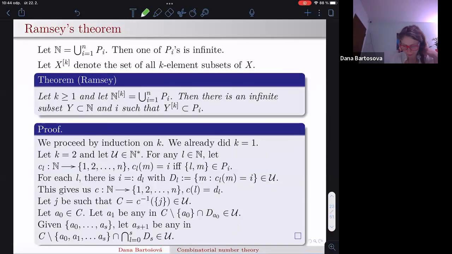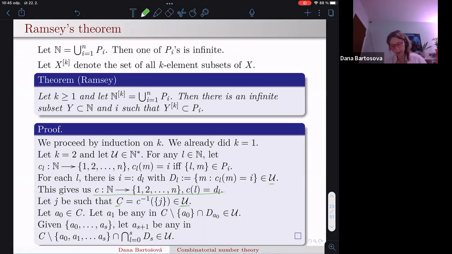So we get this coloring C, where I'm going to choose the color to be the color that the second coordinates for L we're choosing on a set in the ultrafilter U. So now I am going to choose a set from the ultrafilter with respect to this coloring. Okay, so again, the pre-images of the colors of this new coloring cover natural numbers, obviously. So one of the pieces has to be in the ultrafilter.